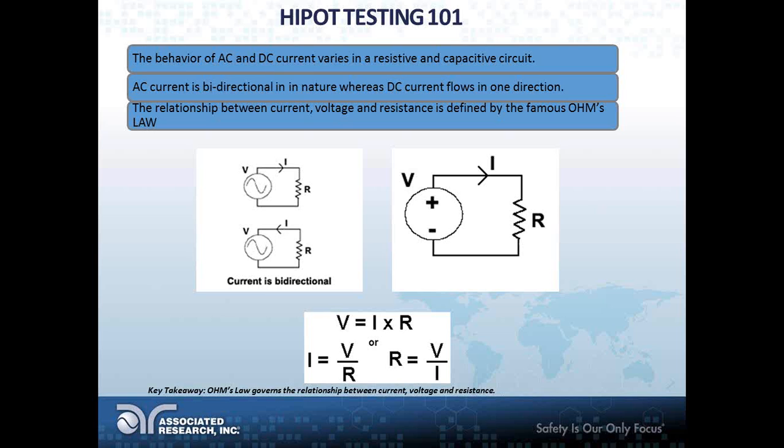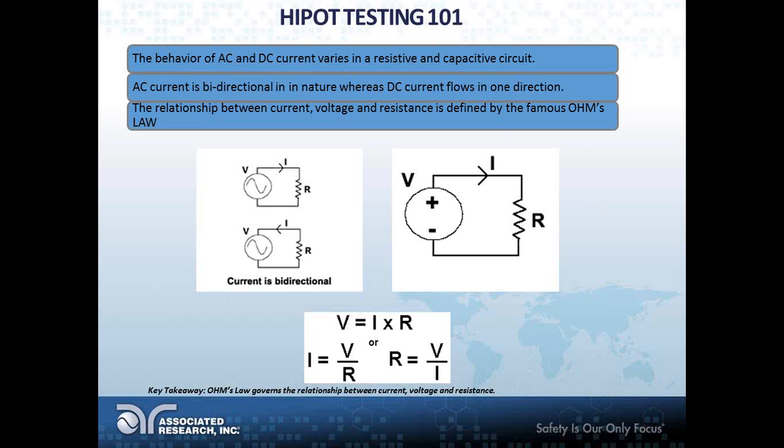Now most devices that are tested for Hipot test and breakdowns have some resistive element and some capacitive element. So that's important to consider when performing a Hipot test, because that can affect the current readings.